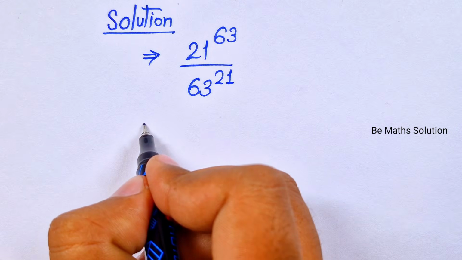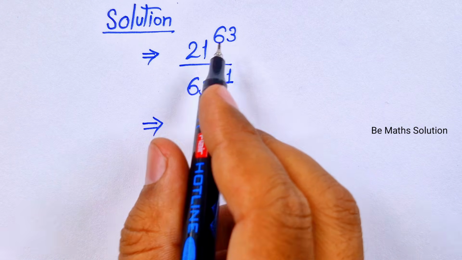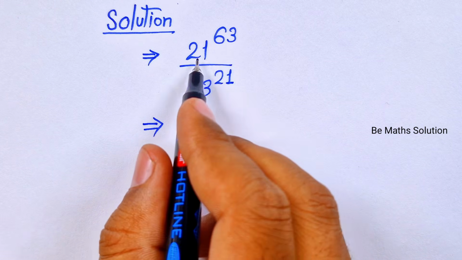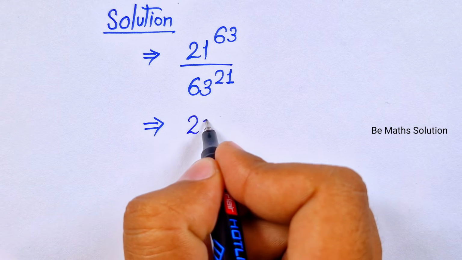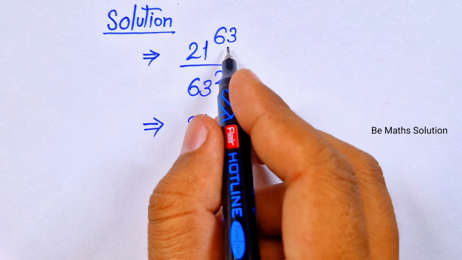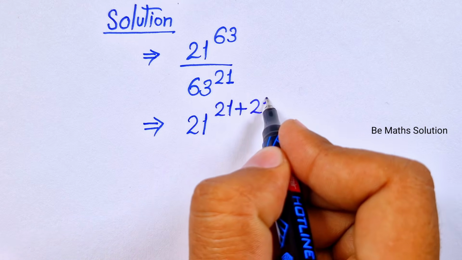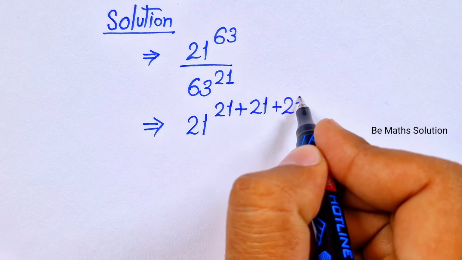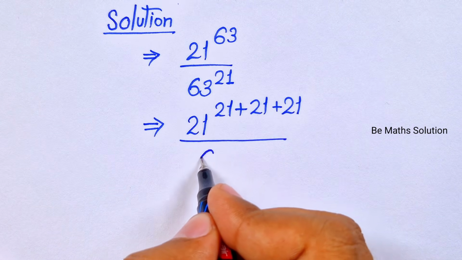It will be equal to 21 to the power 63. We make it have a power of 21, so 63 is 21 plus 21 plus 21, over 63 to the power 21.